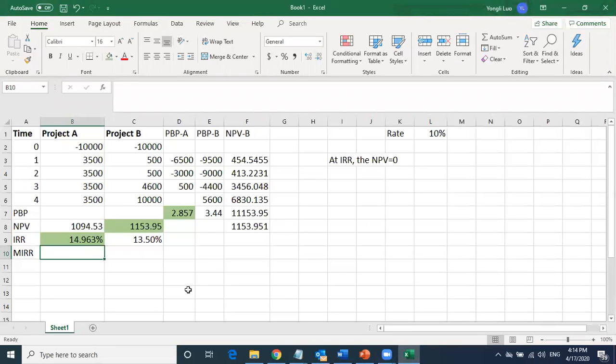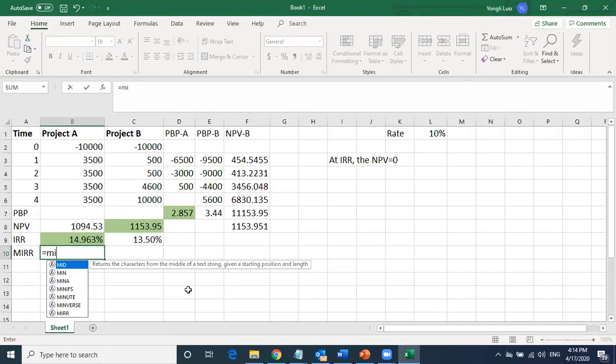For the modified internal rate of return, you can type the MIRR function in Excel.